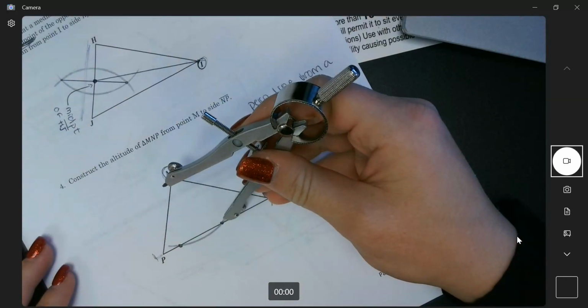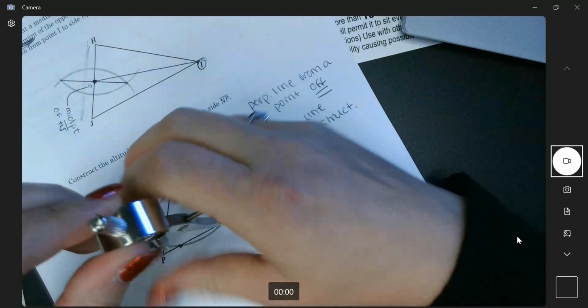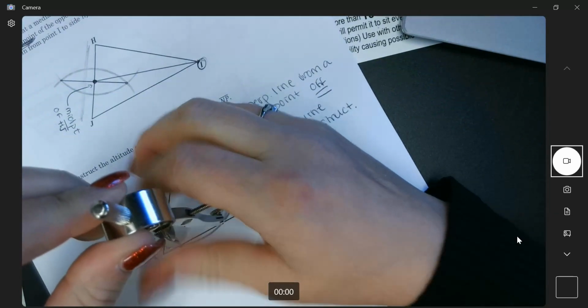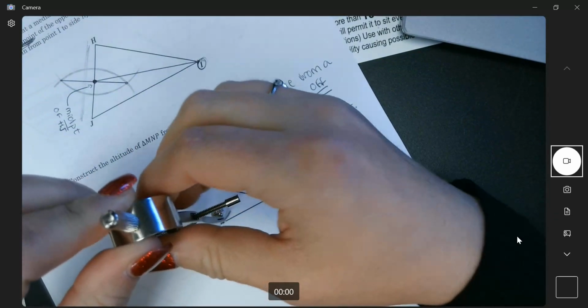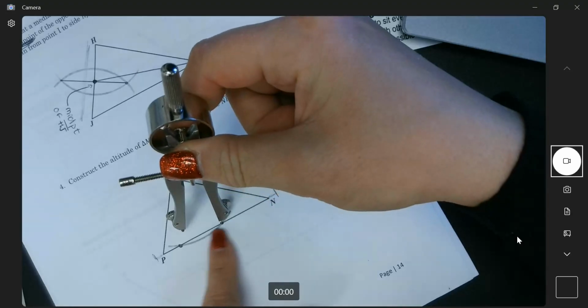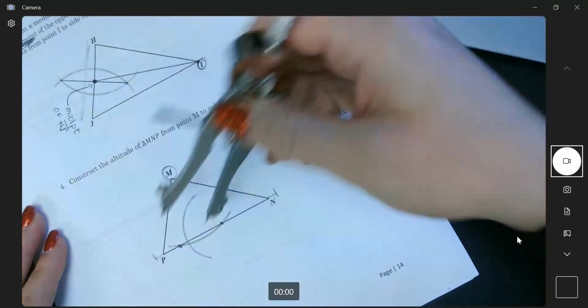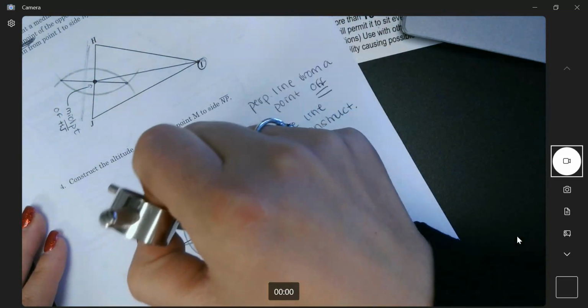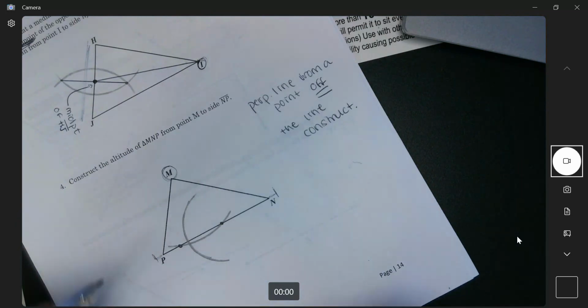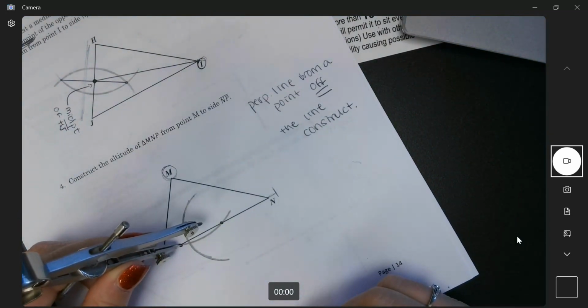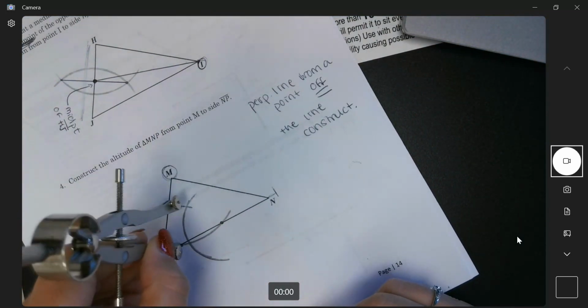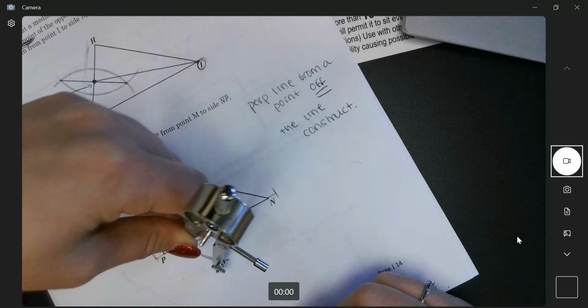I'm going to take the point of my compass and make it a little smaller because it has to be just a little more than halfway through these two points. Now I'm going to make an arc above and below that side. Then keep the compass stretched the same and do the same thing from this other point here.